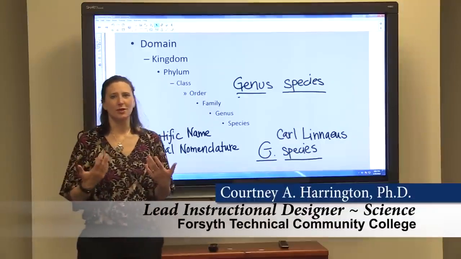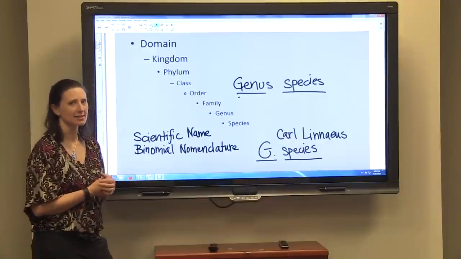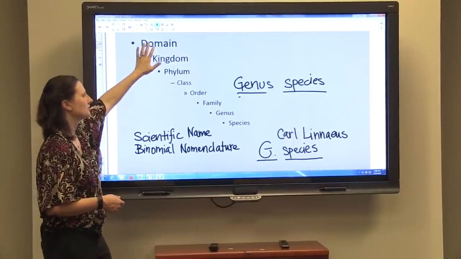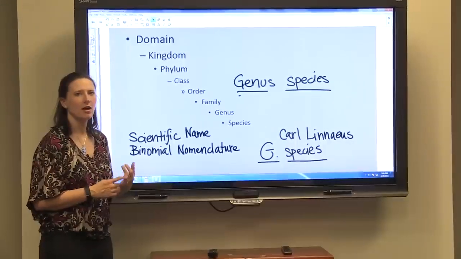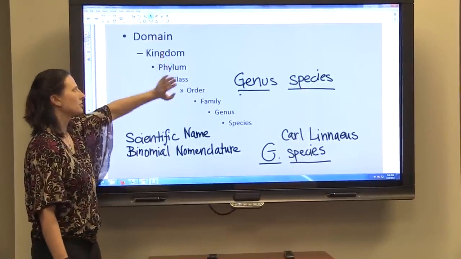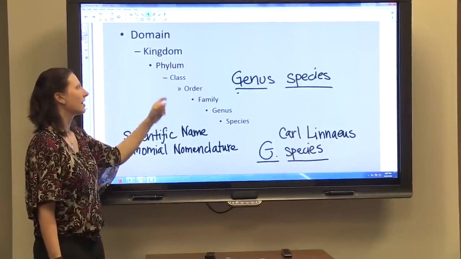So in order to have a naming system, we have to be able to classify organisms. And we classify organisms according to this domain system. There are 3 domains: bacteria, archaea, and eukarya. And within those domains there are 5 kingdoms. Within those kingdoms there are phyla.